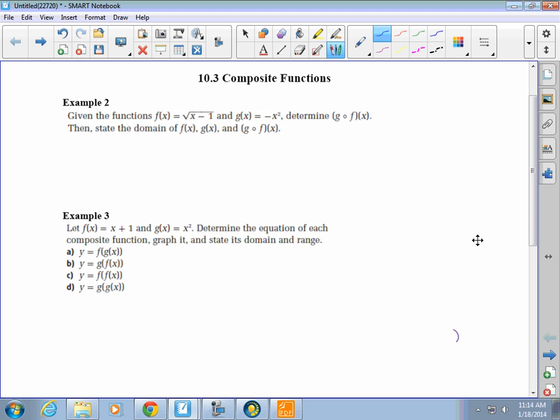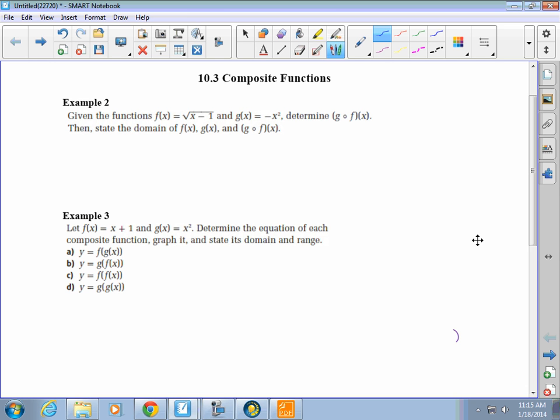It's given the function f(x) is equal to square root of x minus 1 and g(x) is equal to x squared. Determine g composed with f of x.